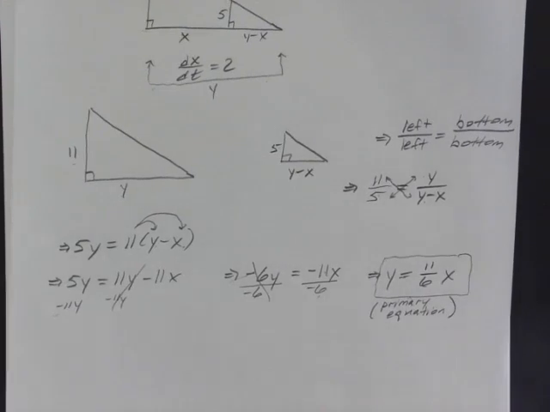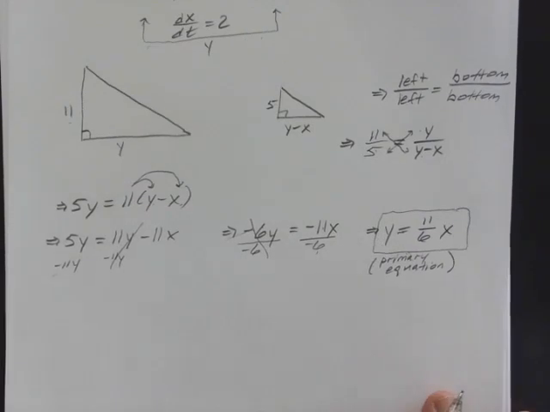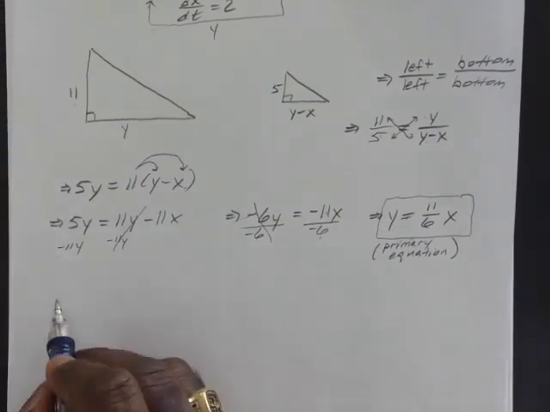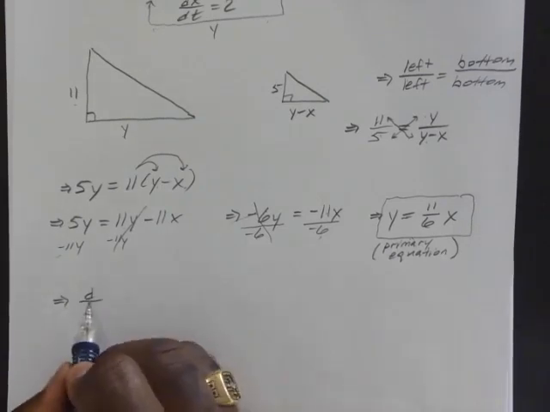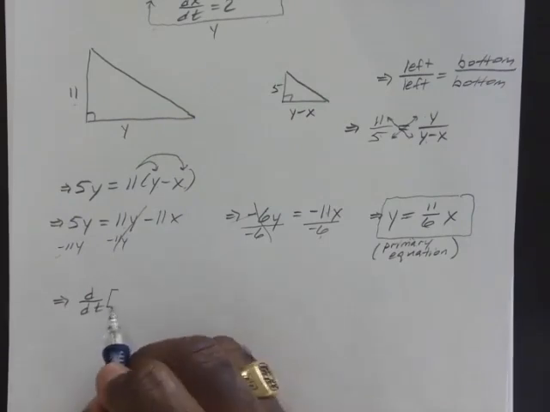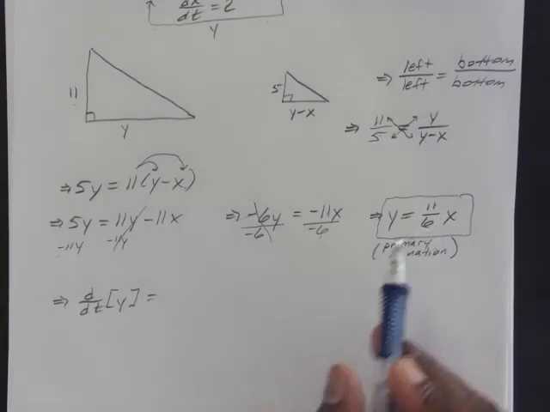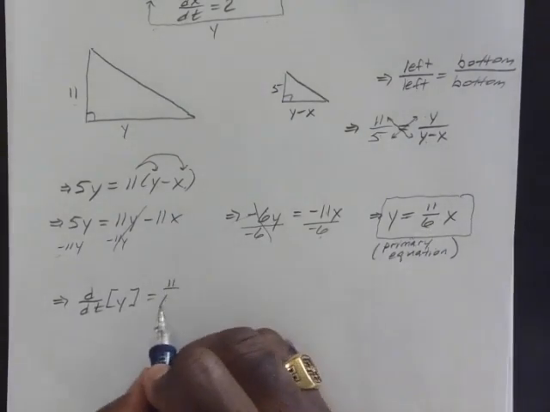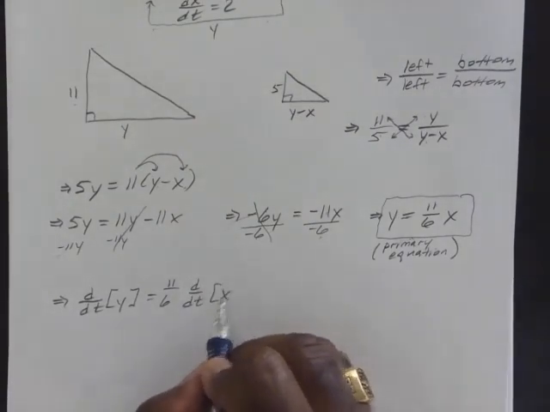Okay, so now we can differentiate both sides and find our rate of change of y with respect to t. So we have the derivative with respect to t of y is equal to that 11 over 6, we can factor that out, times the derivative with respect to t of x.